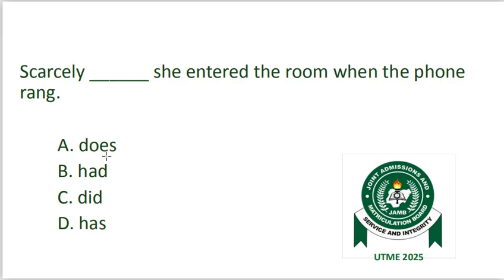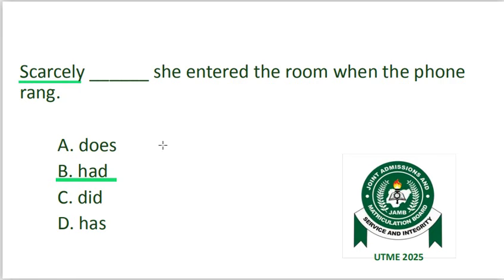Whenever you come across a sentence that begins with scarcely, hardly, or no sooner, the past perfect tense is going to be used. And what's the past perfect option here? Had. So in this case, had she entered is in past perfect form. So, scarcely had she entered the room when the phone rang.